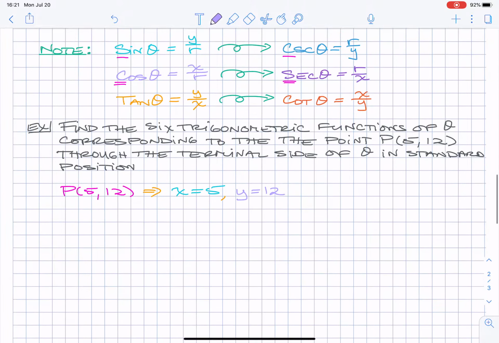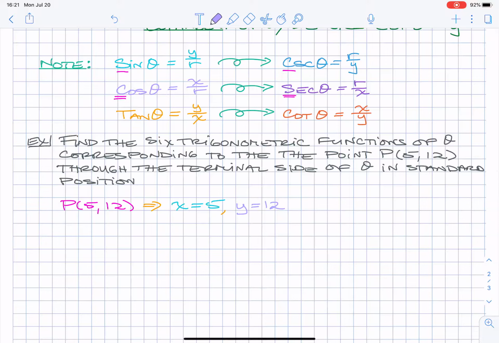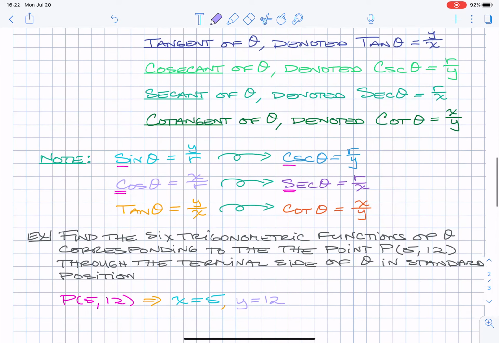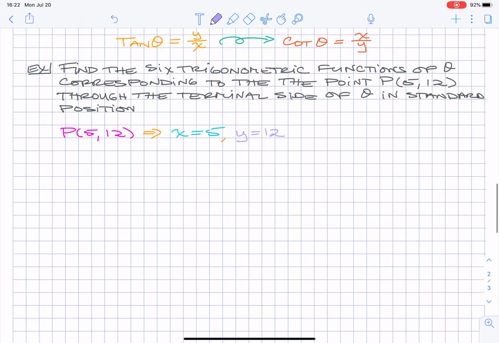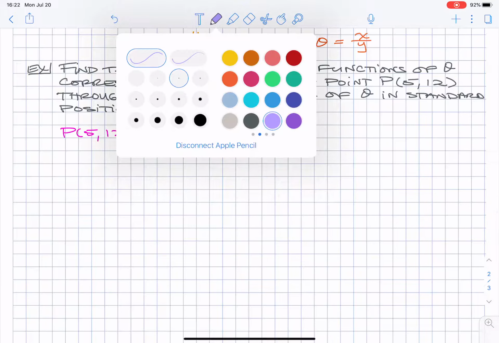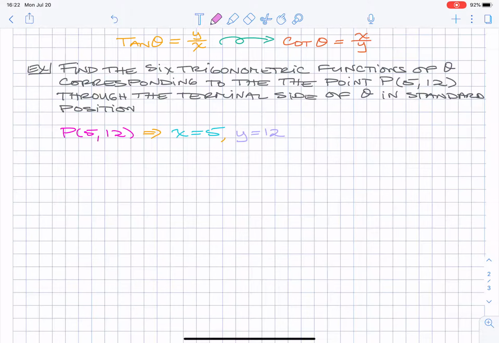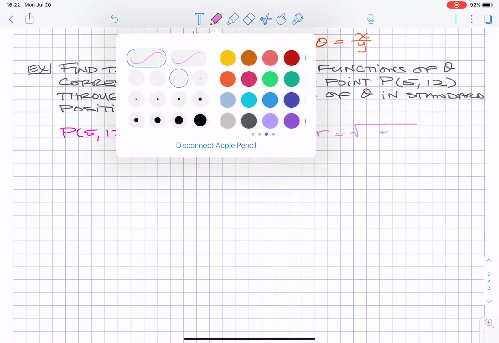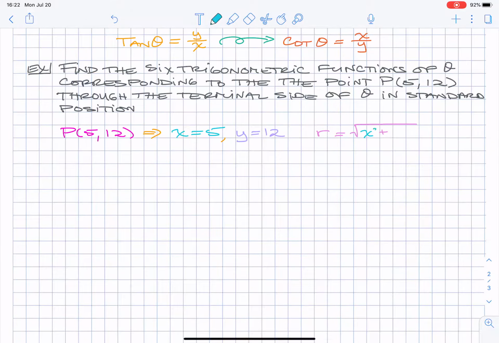Well, in order to find the six trigonometric functions, I would need to find the radius r. But to find the radius r, I can use the Pythagorean theorem. So let's go ahead and do that. So I know that r will be the square root of x squared plus y squared. Agreed?